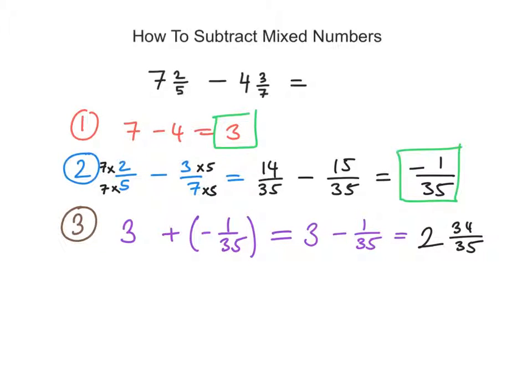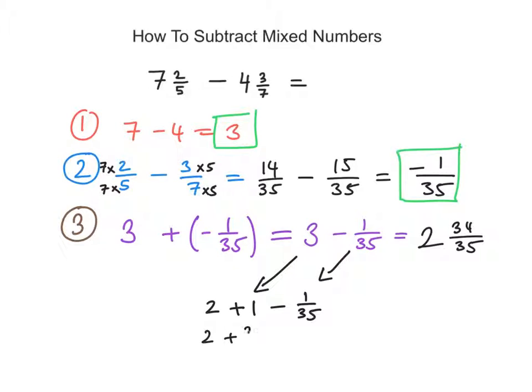Now, you're probably wondering, how did I do this in my head? Well, with a bit of manipulation. I know that 3 is the same as 2 plus 1, and then I'm taking away the 1 over 35. Now, 1 can be written as 35 over 35.